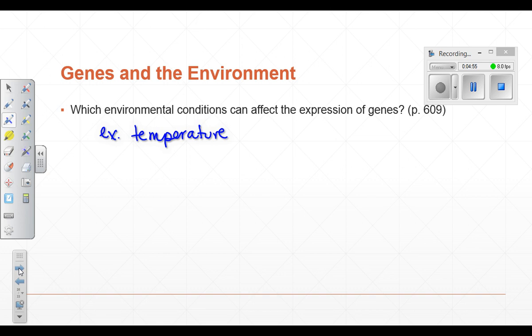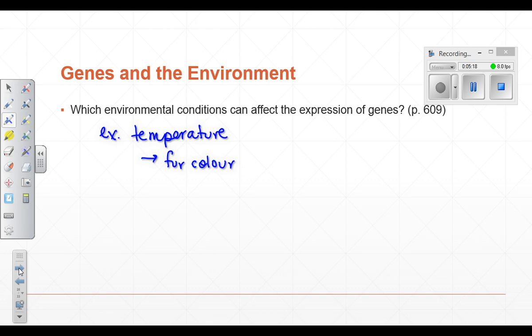For example, fur color. I don't know if you have ever noticed this, but in a lot of animals, like cats and dogs, there are parts of their body that tend to have a different color of fur than the rest. So I'm thinking like tips of the ears, paws, nose are typically places that you see that. Temperature isn't the only reason, but it certainly could be one.